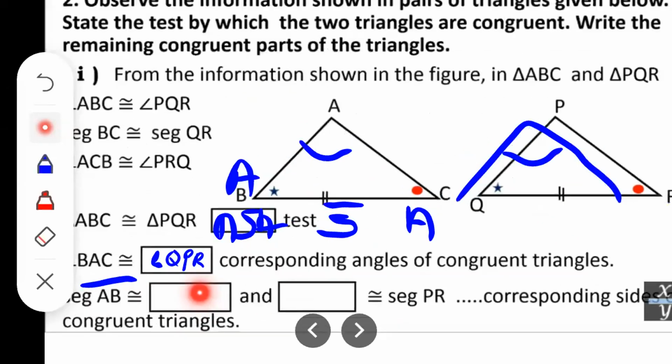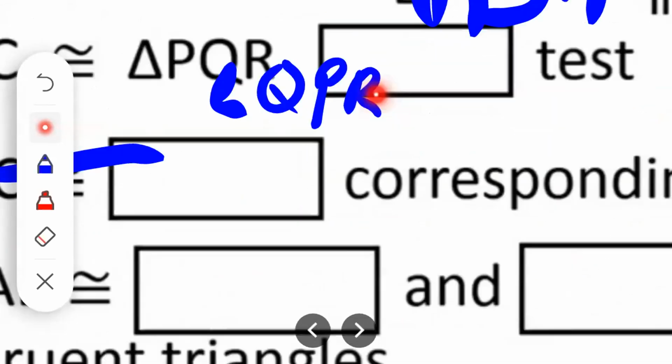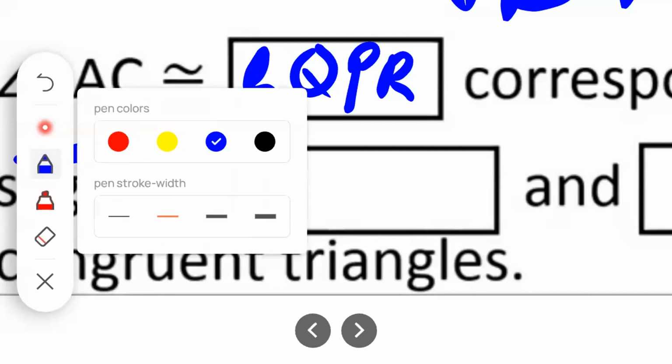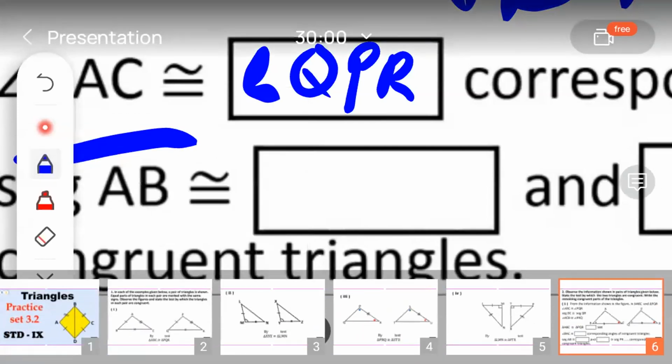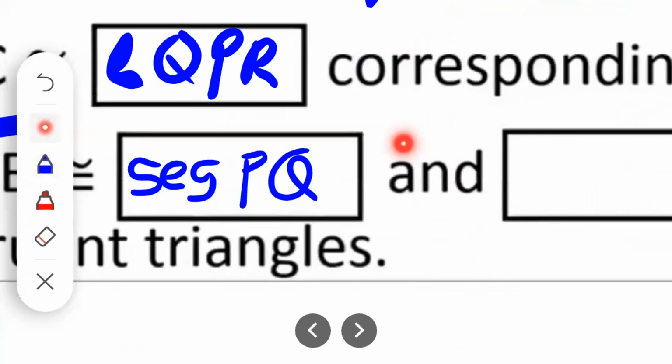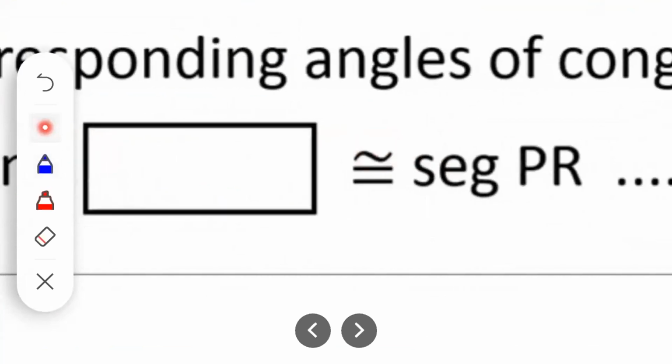So here I will write that AB is congruent with segment PQ, and segment PR is congruent with segment AC.